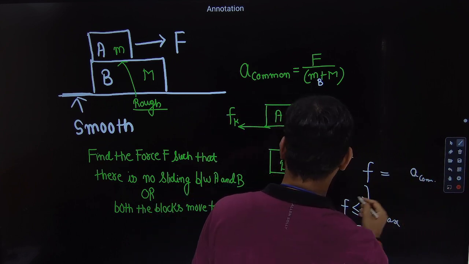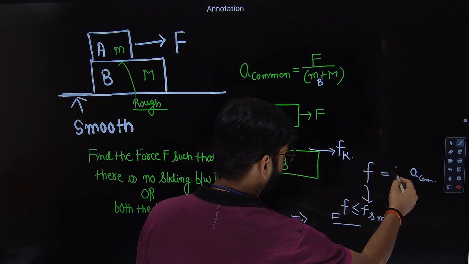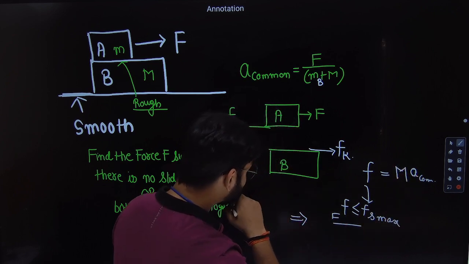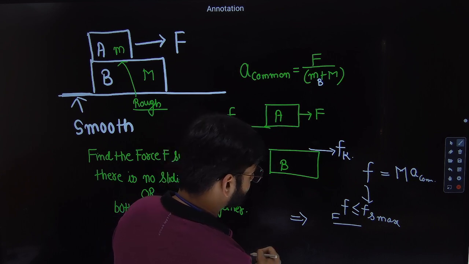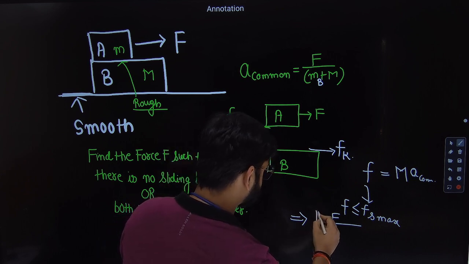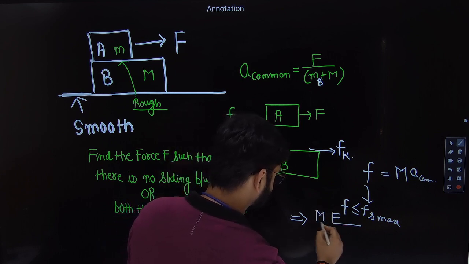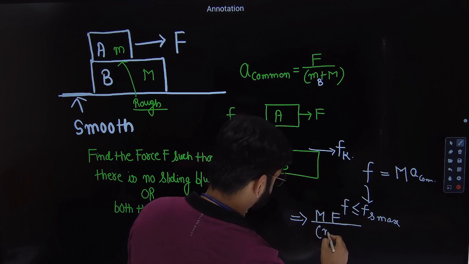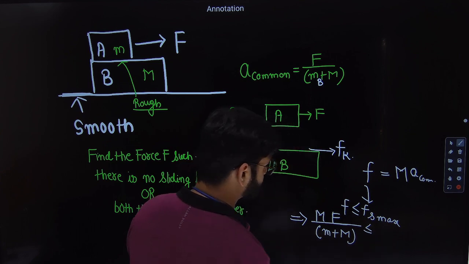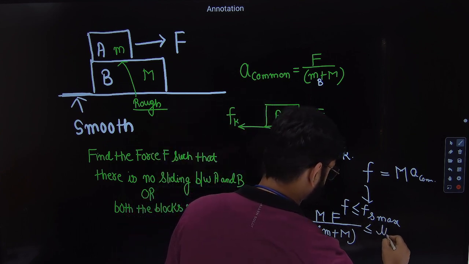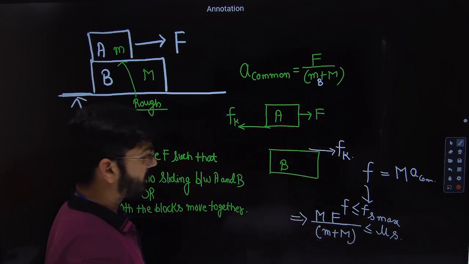I change it. For B, what is the mass we took? Capital, right? Capital M. Okay.